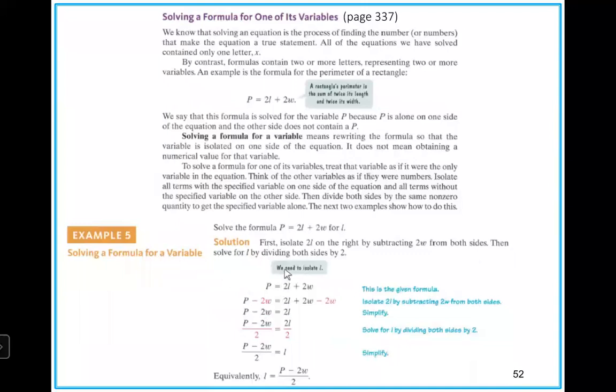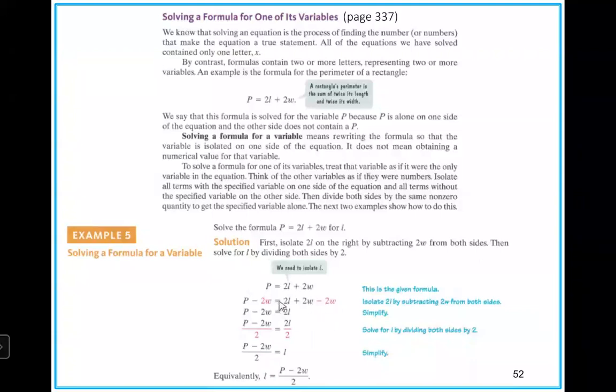So basically what we have to do is rewrite the formula. They have it set up in such a way that they write it as if they're solving a regular equation. So you're trying to solve for L. That's what the question asks you to do. So you're going to move the 2W. The 2W was plus, so it's going to subtract.